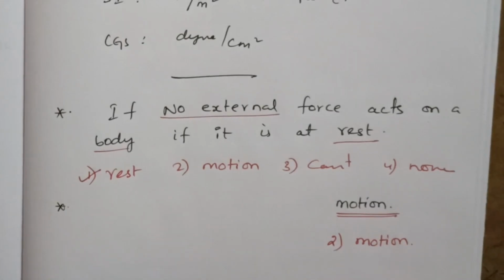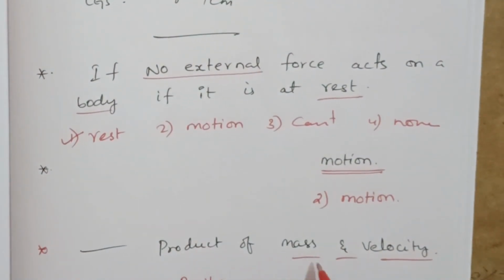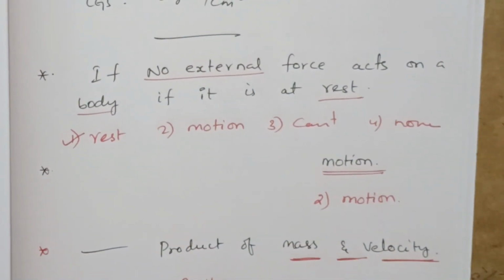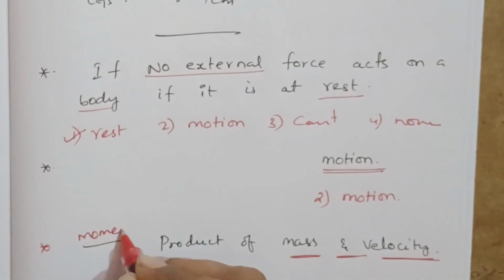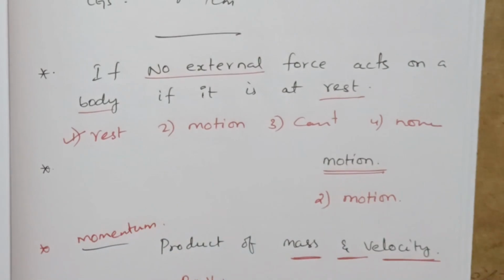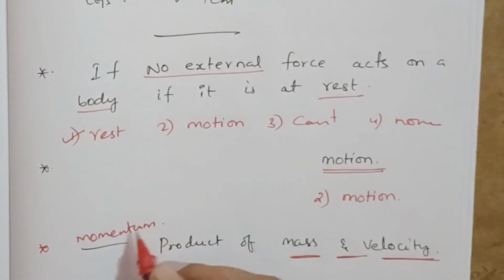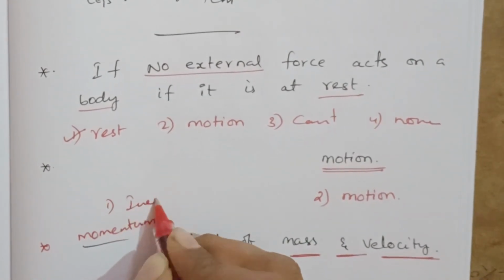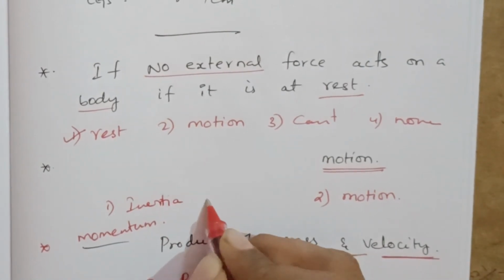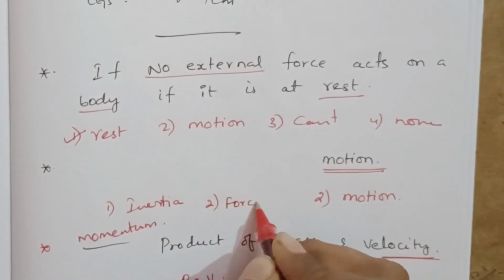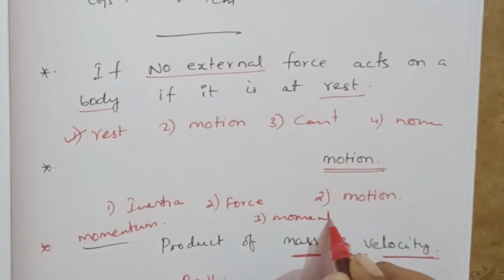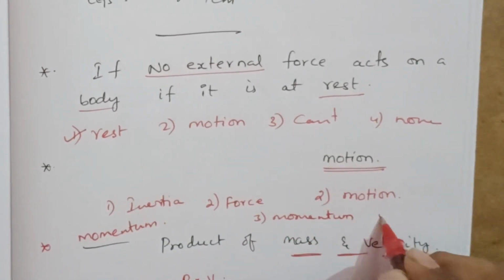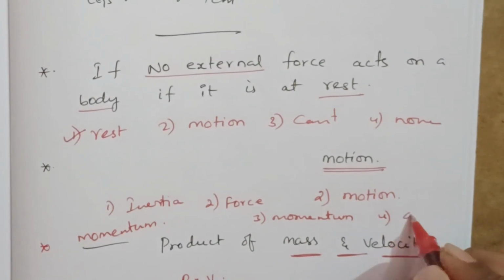Next question: dash is the product of mass and velocity. The product of mass and velocity is momentum. The options are: first inertia, second force, third momentum, fourth acceleration.